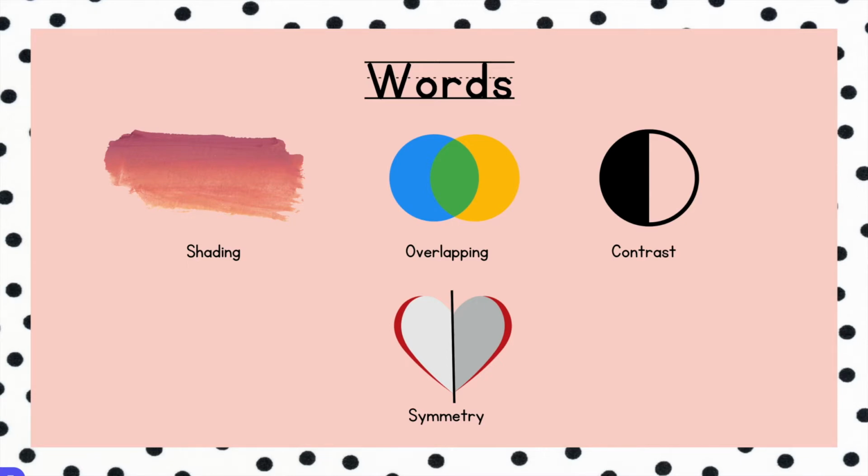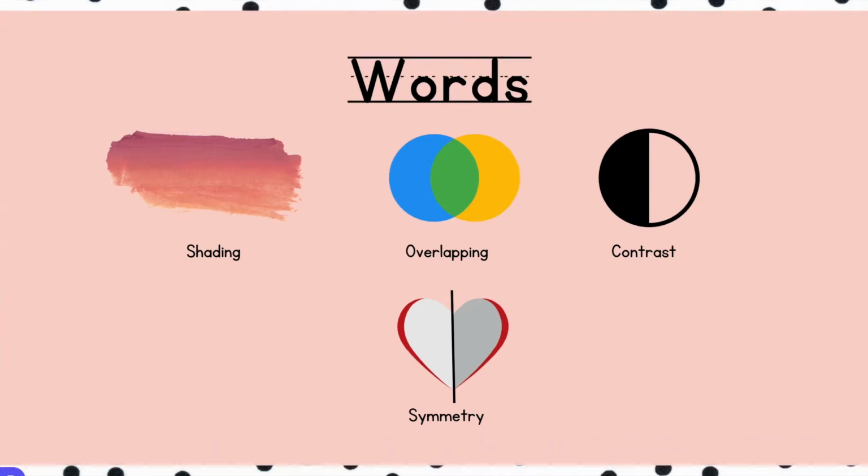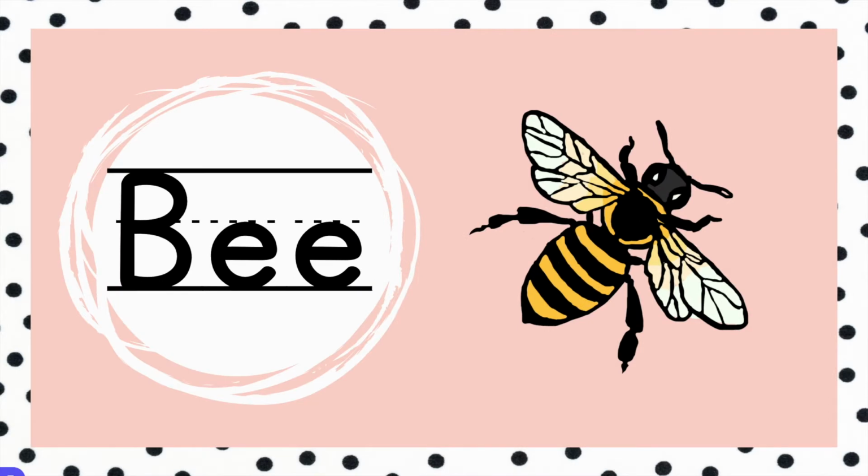And finally, symmetry. So symmetry is when something is the same on both sides. And bees are pretty much symmetrical. Their bodies are the same on both sides. So we're going to be keeping that in mind as we're creating our drawing. All right, so we're gonna do the bee first.